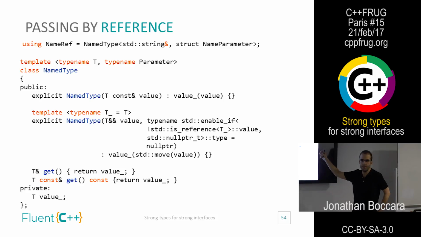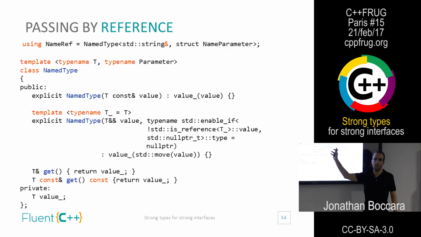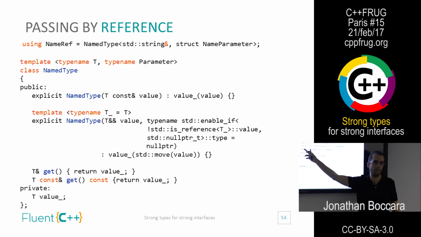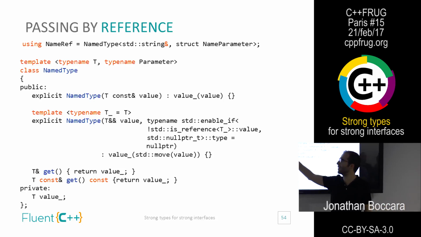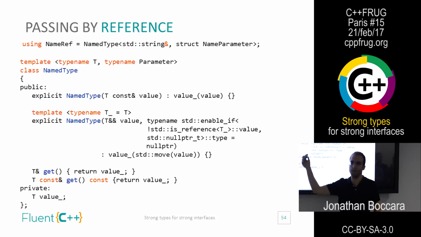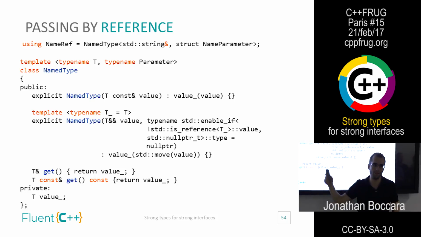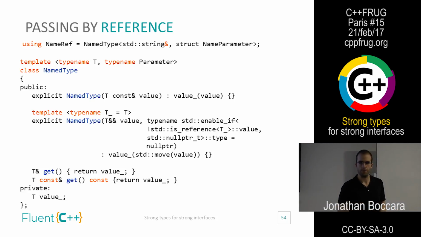The central piece here is enable_if, that basically says enable all that if T is not a reference. And it can't be T, it has to be something that's taken from T, because from the point of view of that constructor, T is not a template parameter, since it's already known up there, so you need to have a template. Anyway, TMP is not really the purpose of tonight.